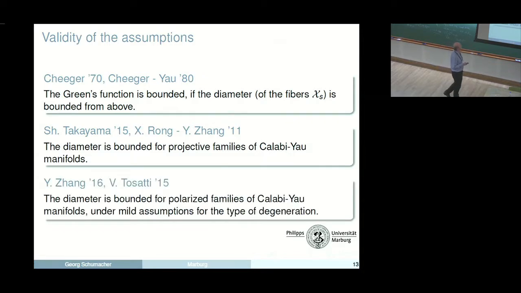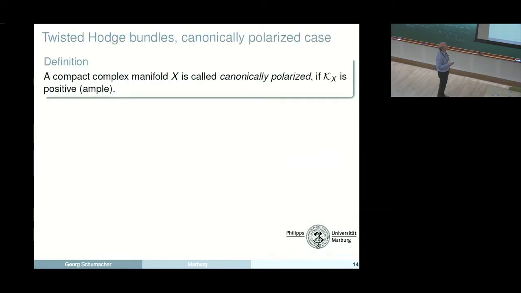And then there is a recent result by Zhang and Tosatti who show that for polarized families of Calabi-Yau manifolds, under mild assumptions for the type of degeneration, we have the boundedness of the diameter. The assumptions on the type of degenerations are weak, but a bit technical. Okay, so this answers the question.